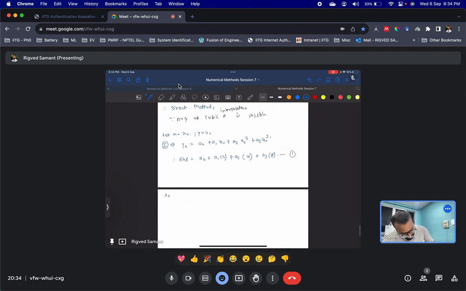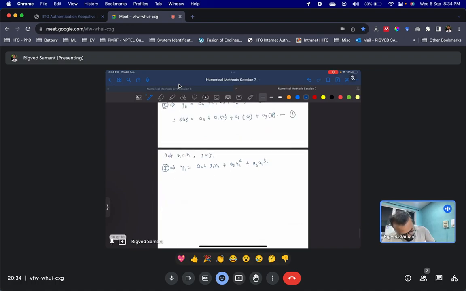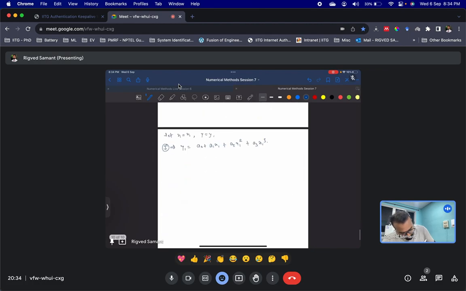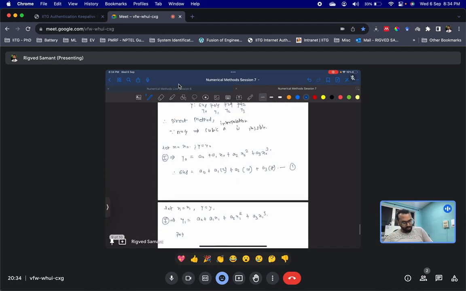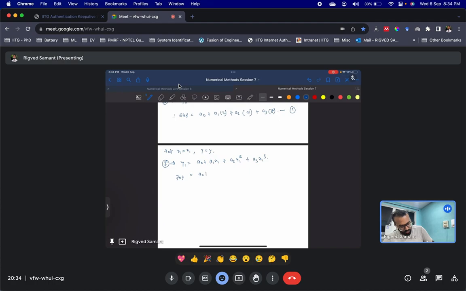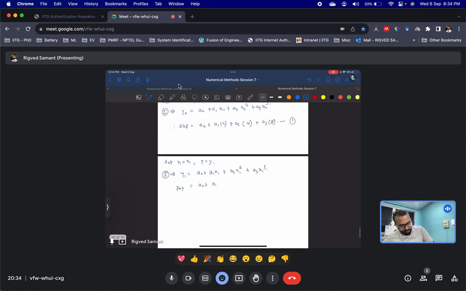Similarly, let x is equal to x1, y is equal to y1. So the equation implies y1 is equal to a naught plus a1 x1 plus a2 x1 square plus a3 x1 cube. Here y1 is 704. So 704 is equal to a naught plus a1 into x1.